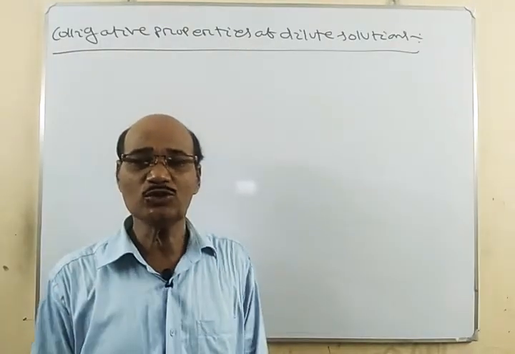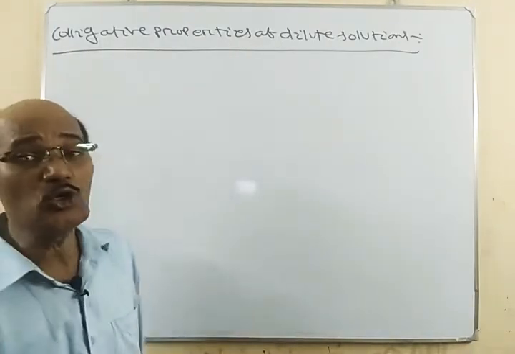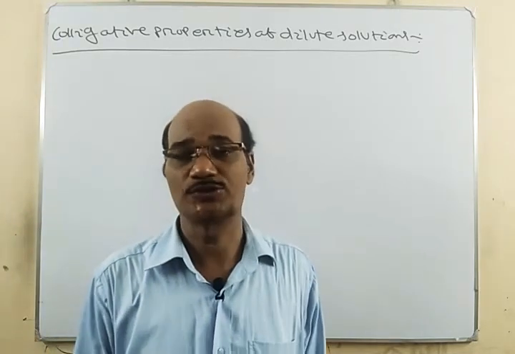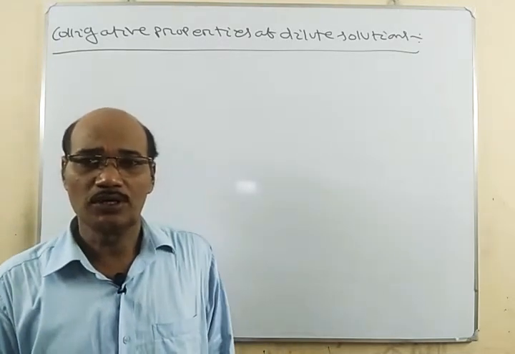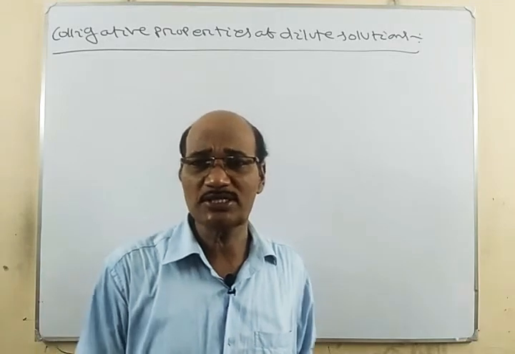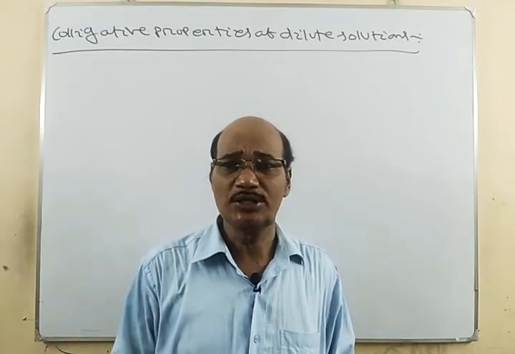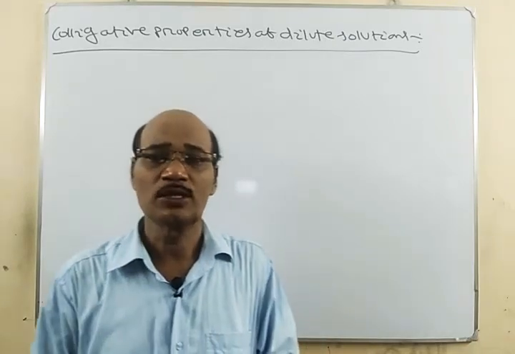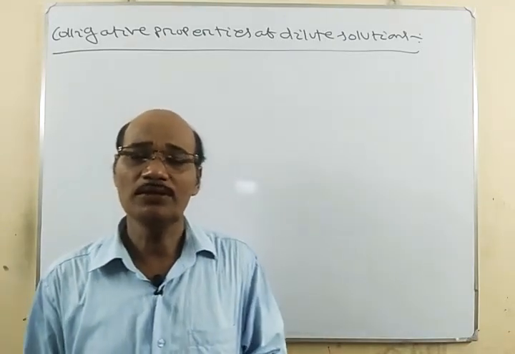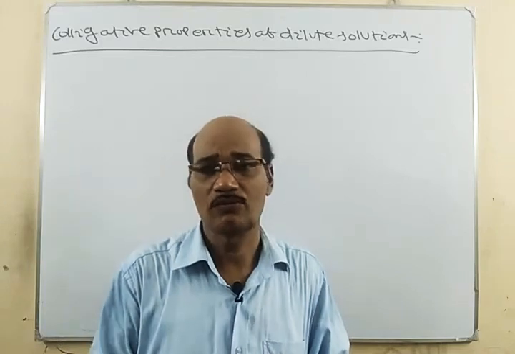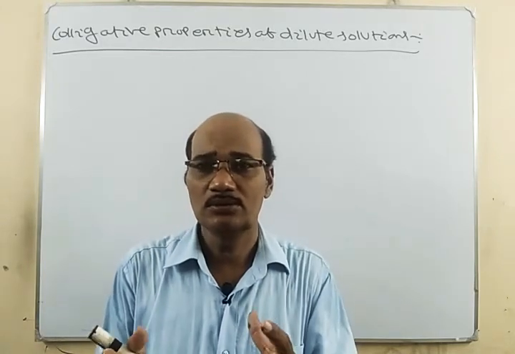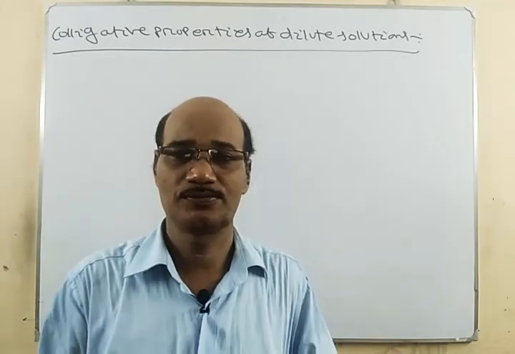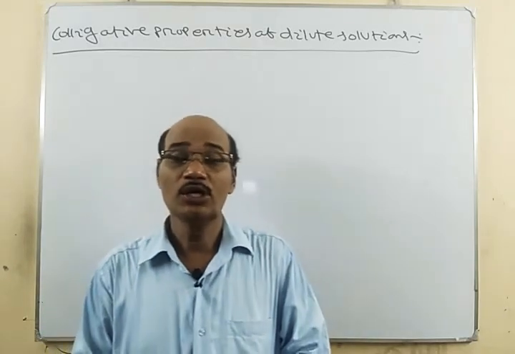Next we will discuss the colligative properties of dilute solutions. We have discussed different kinds of solutions. Now we will discuss the properties of dilute solutions, that means those solutions where the concentration of solute is low.